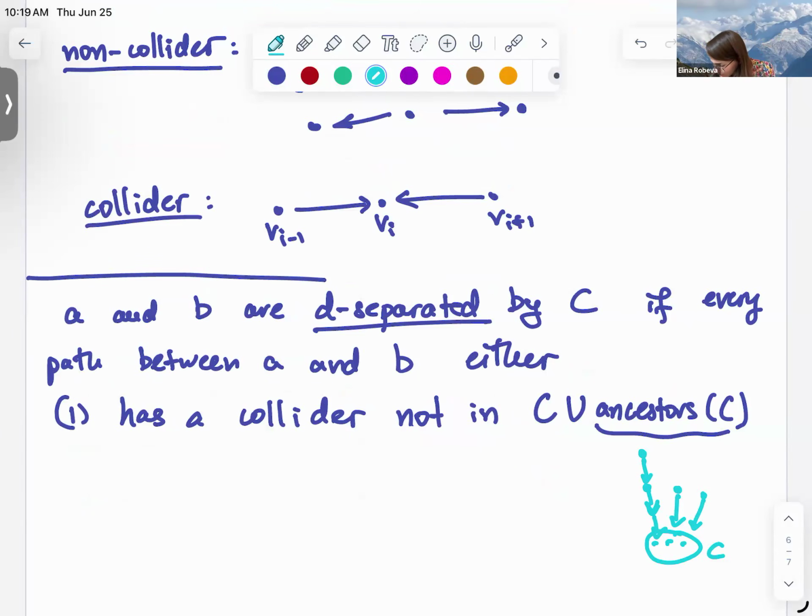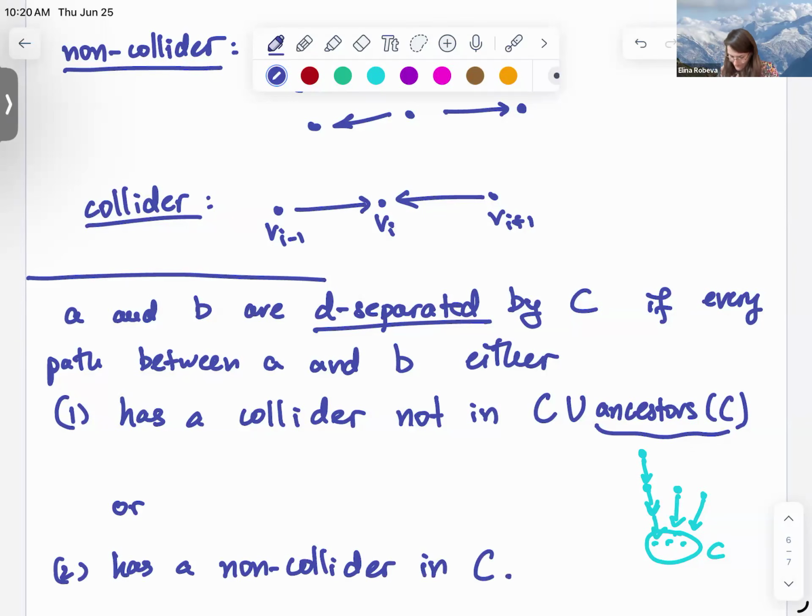See, these are all ancestors. Okay, so the two vertices are d-separated if every path between them either has a collider that's not in this set, or has a non-collider that is in the set C.